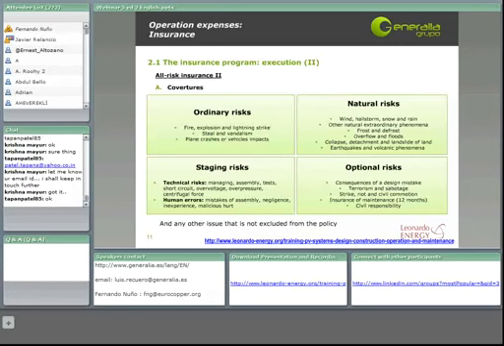Ordinary risk will be, for example, fire or explosion caused by our own staff or by the malfunctions of the devices that we have selected. Also, it could happen that some of the elements could be stolen during the plant execution.